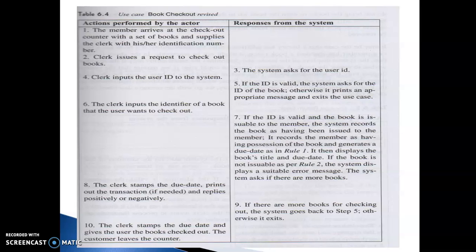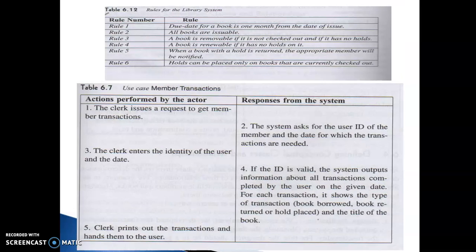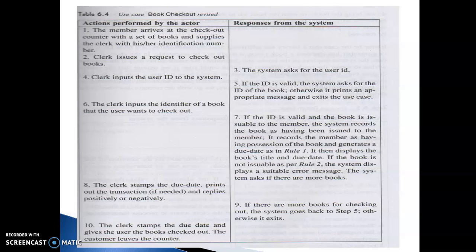And next, when it asks for the user ID, if the user ID is valid, the system asks for the ID of the book. Otherwise, it prints an application appropriate message and exits the use case.